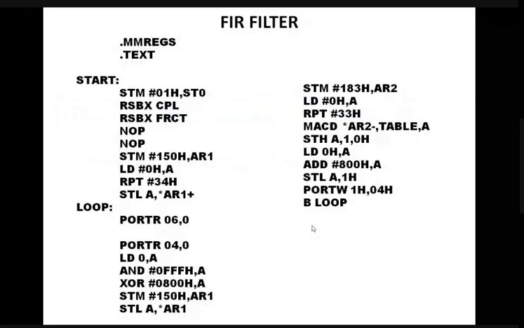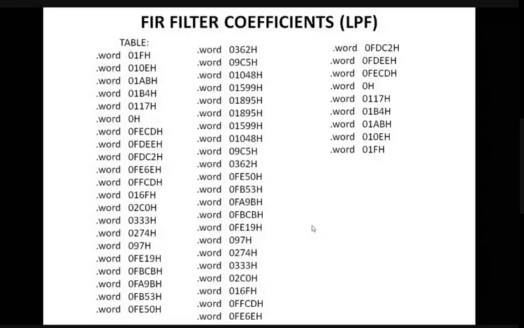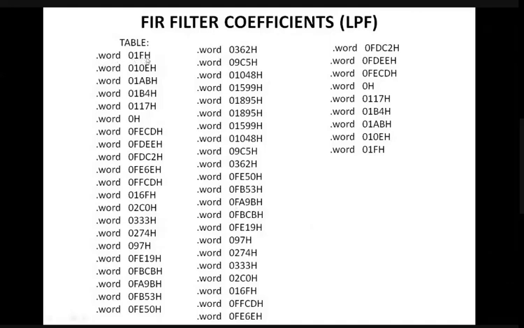And this is the low pass filter coefficients. Dot word is an assembler directive. 01F is a coefficient. 01FH is a coefficient. Because it is a 50th order filter, there are 51 coefficients, right?